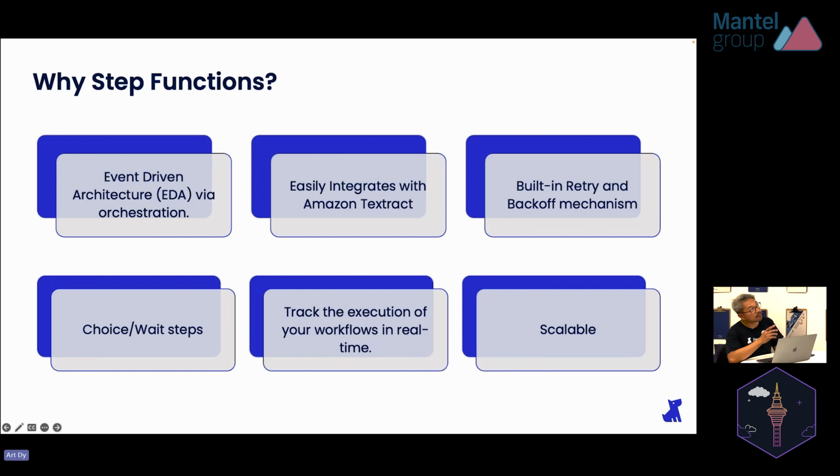Amazon Textract offers choice and wait steps. With the async nature, you start with a request to Amazon Textract, then with a job ID coming from Amazon Textract, you retry until you get the analysis report afterwards.